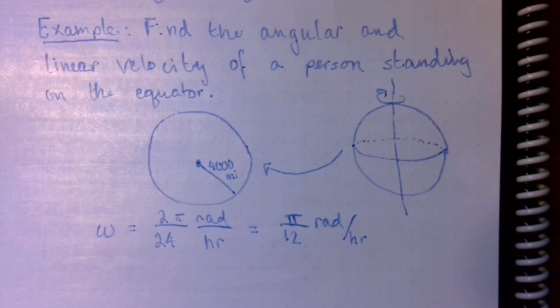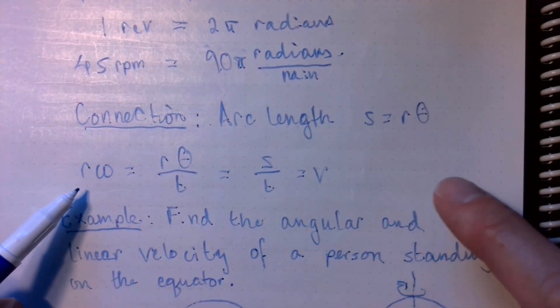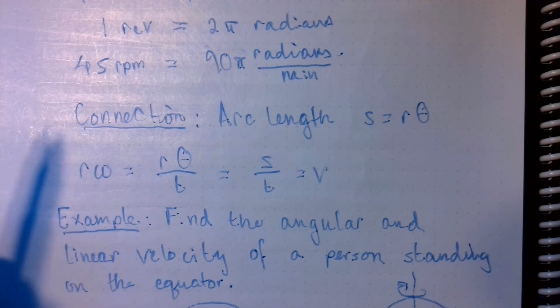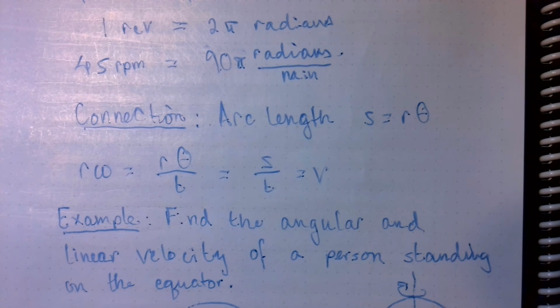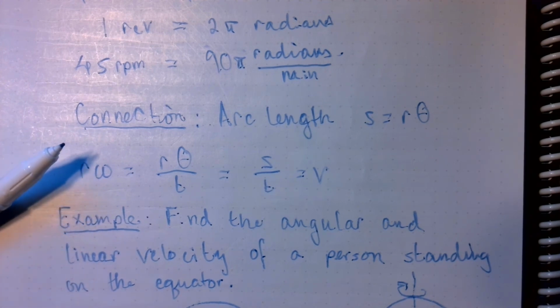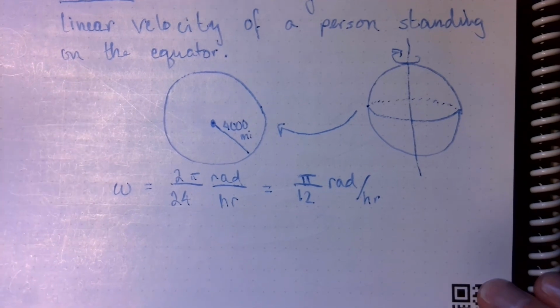Now, the linear velocity, well, we have this formula relating angular velocity and linear velocity. If my object is moving on a circle, and I know how fast that circle is turning, I multiply by the radius, and that'll tell me how fast the points on the edge of the circle are turning.